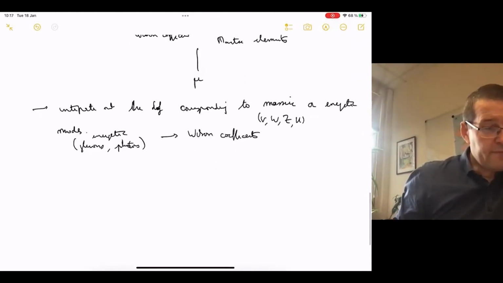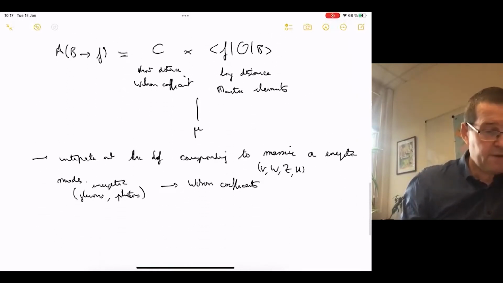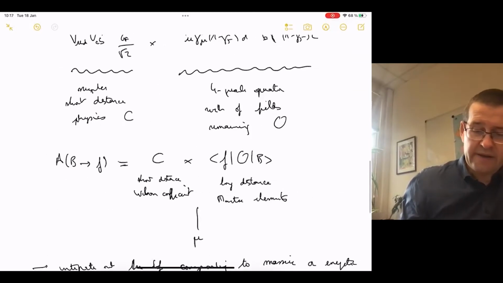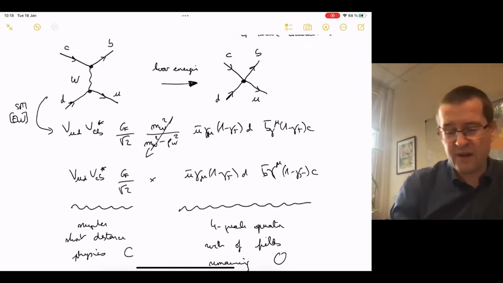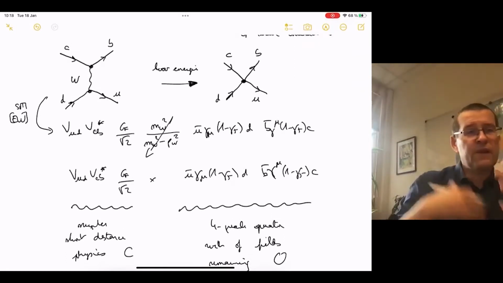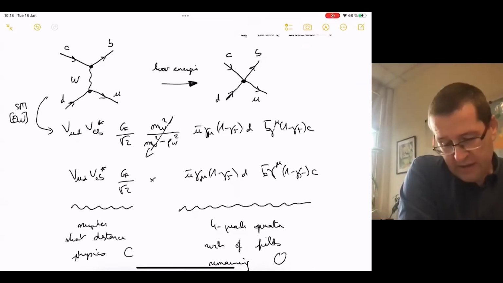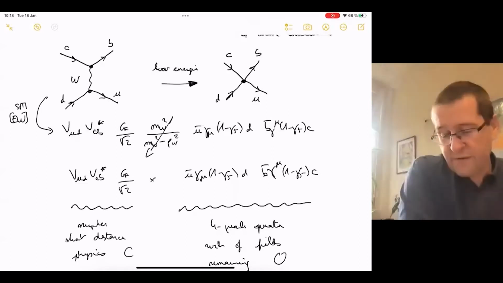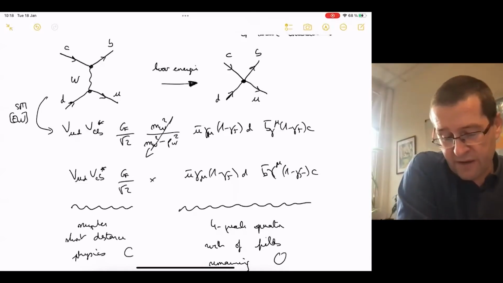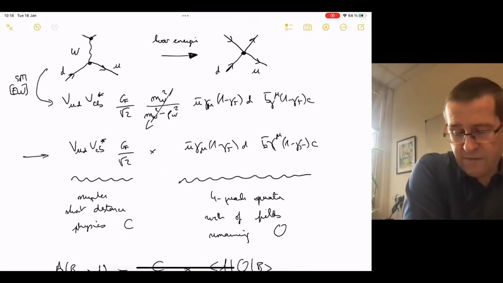So the last thing I wanted to advertise in those general comments is that here we know already the answer. We know what the underlying theory is. Now, if you reverse once again the idea and the process, imagine that you don't know anything about your underlying theory, but you know that in the end your experimental data are well described by this kind of structure at the level of the effective theory.